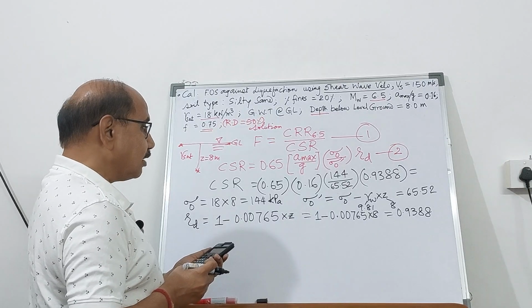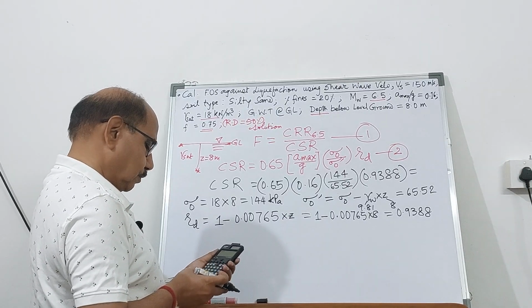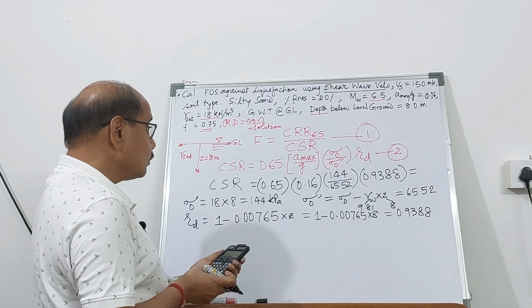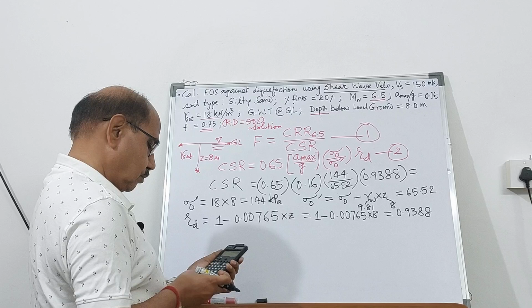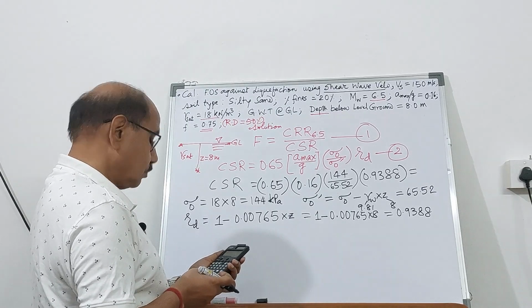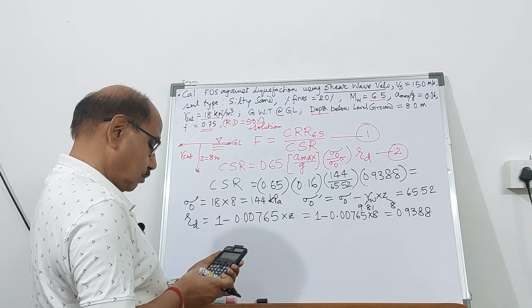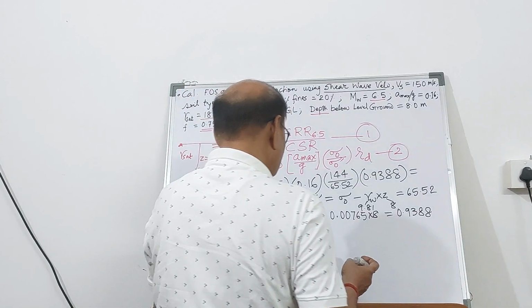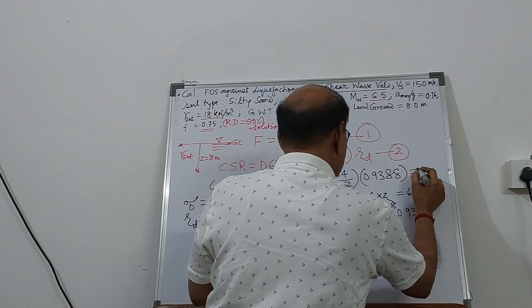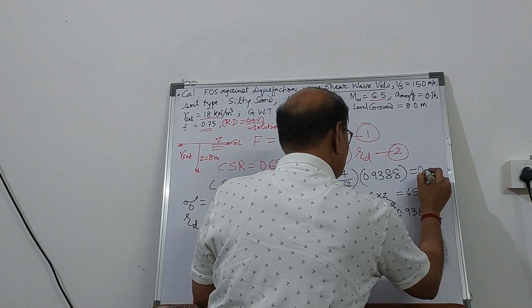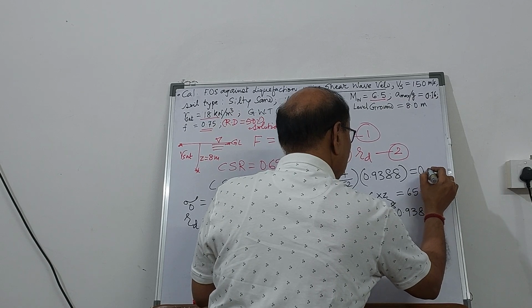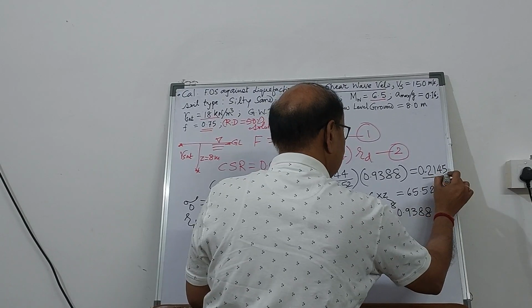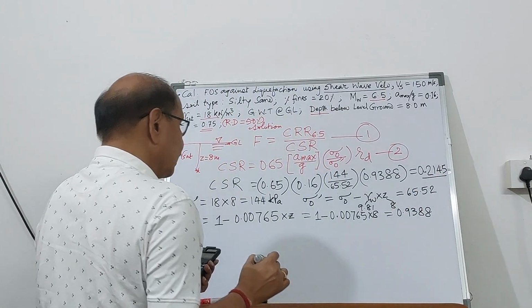So let's calculate this. This gives you 0.2145. This is the value of CSR.